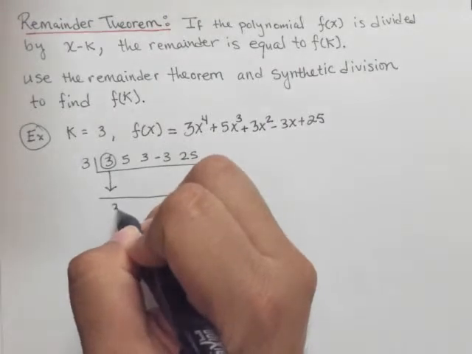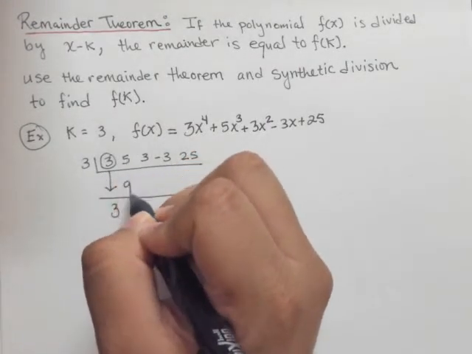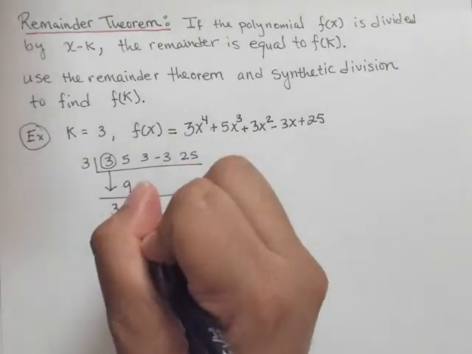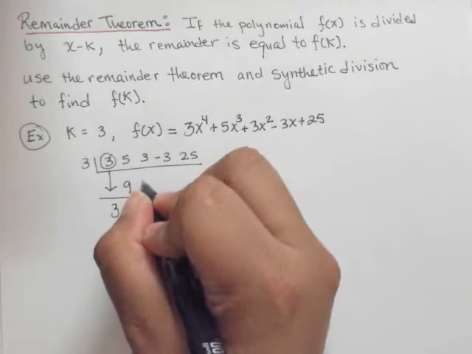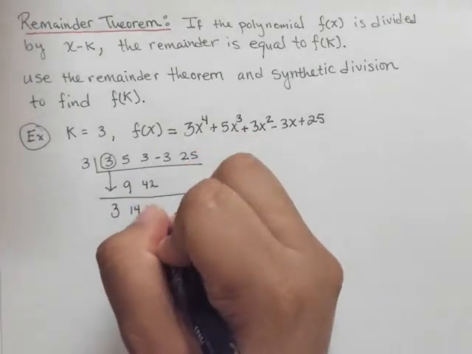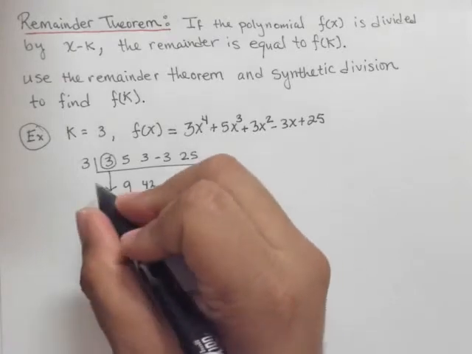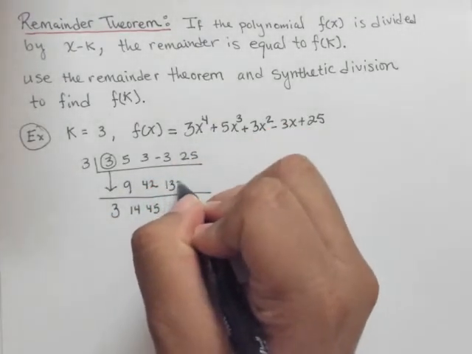So we're going to bring the 3 down. 3 times 3 is 9. And 5 plus 9 is 14. And 3 times the 14 is 42. And 3 plus 42 is 45. And 3 times 45, that's 135.